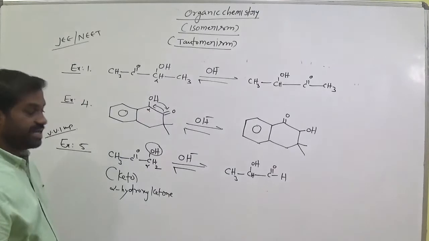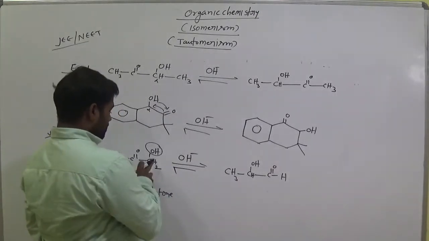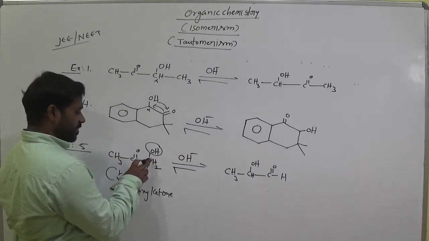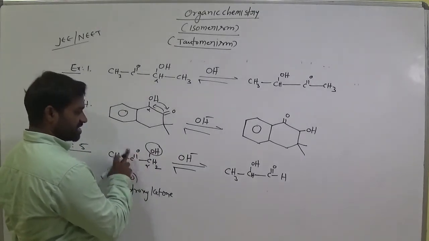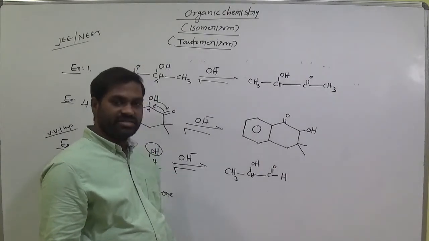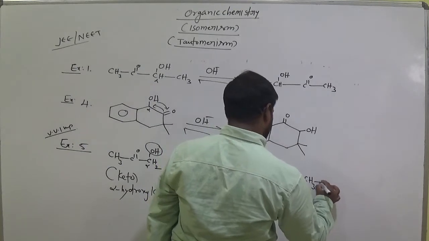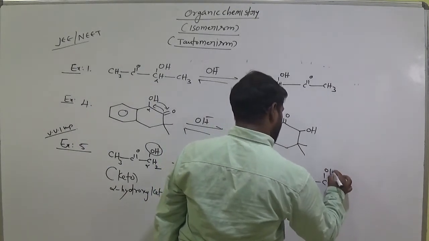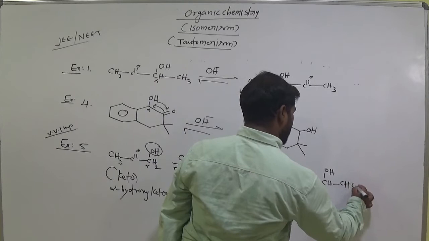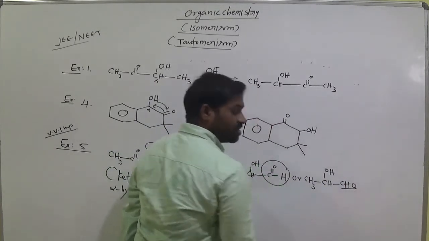Clear? So the molecular formula is the same. This is C double bond O, this OH on this carbon, now balance. Here one hydrogen we need. So we can also write this structure as CH3, CHOH, CHO.